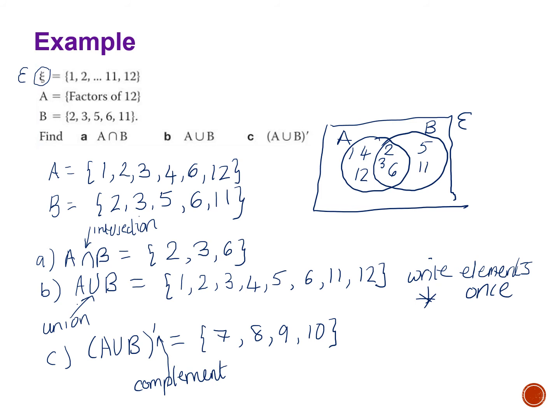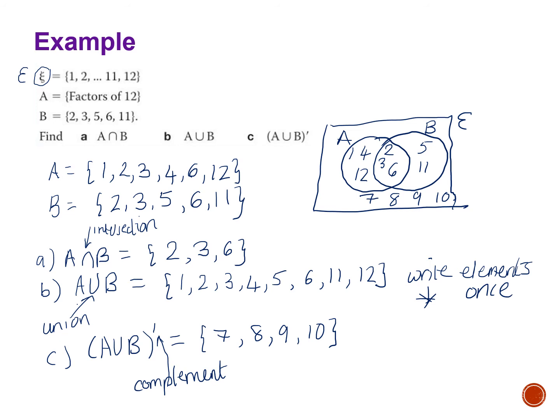Okay, and then what's left? Well, that's the complement of A union B, so that's going to be the rest of the numbers 1 to 12 I would put around the outside. So if you were asked to draw a Venn diagram for that one, do make sure that you understand where that's coming from.